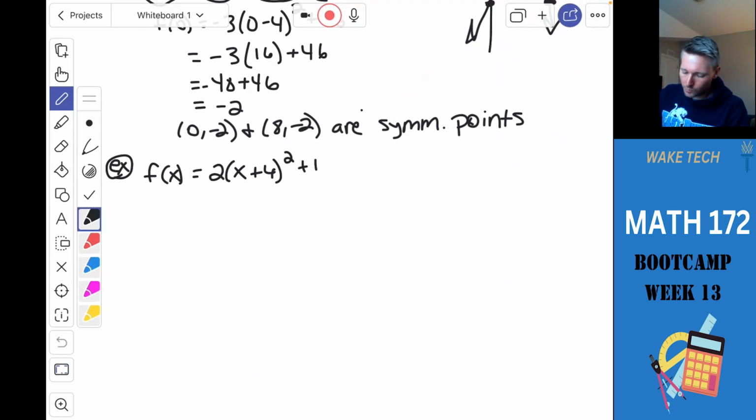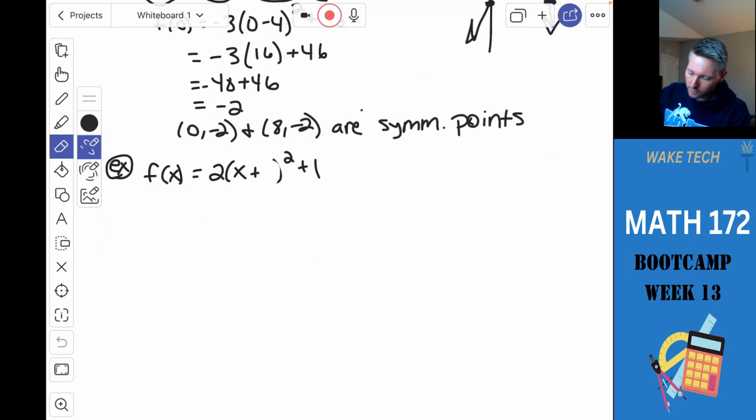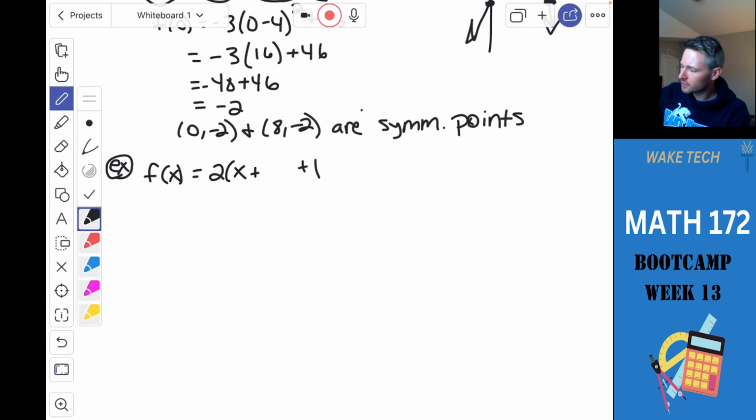So what I will do is give you, I've written a new function on the screen. I will give you maybe a minute or two to have a shot at creating the graph of this function by identifying the vertex, the axis of symmetry, just to practice doing that, that'll be something that comes up this week for 172 as well.